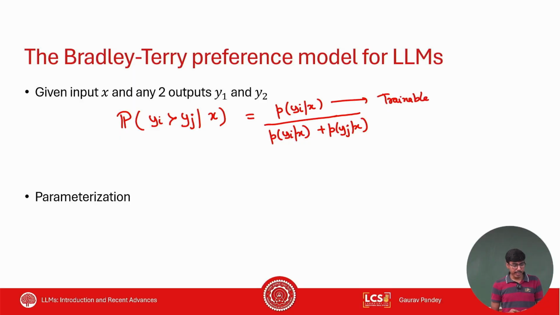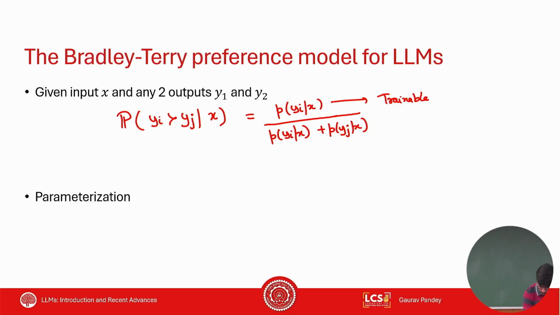So the first thing is you parameterize these quantities using an LLM. The LLM takes x and yi as input and gives you a score.